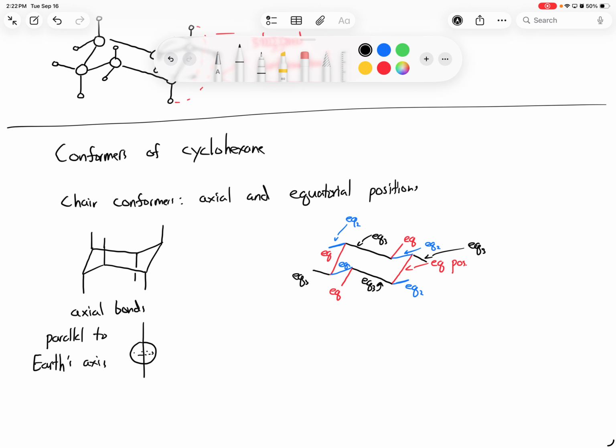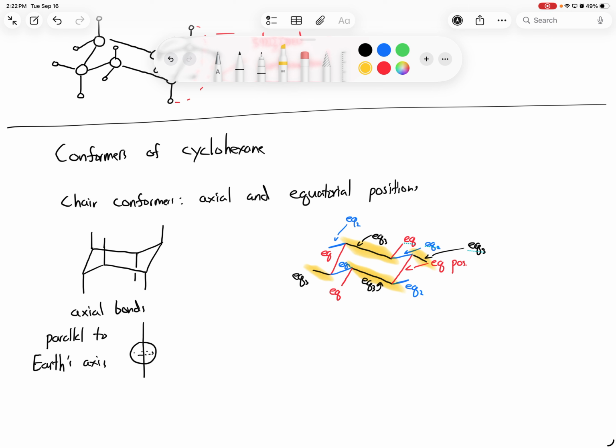Okay, so the way to draw this is, well, I think if you just practice this a couple times, this procedure will become more normal. But just know that they should be parallel. If we look at a couple of these lines, like this one, this one, this one, they're parallel to a bond, one bond over.